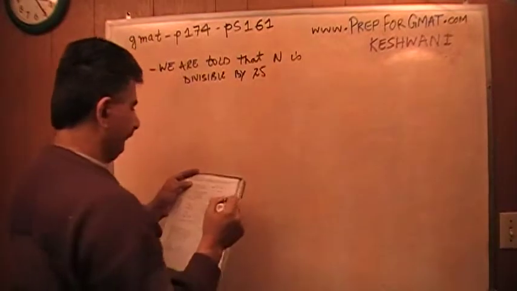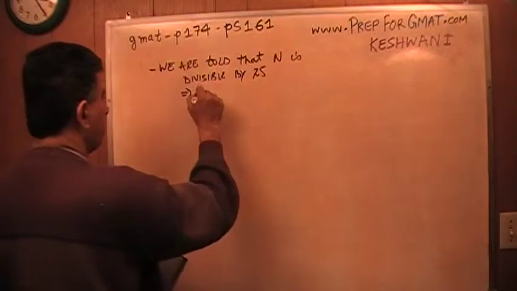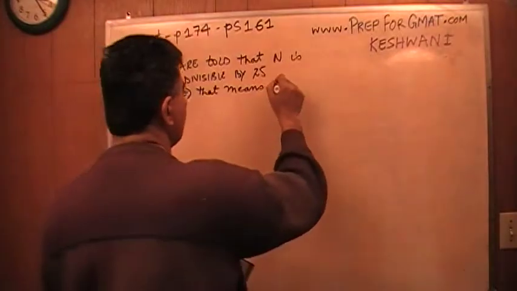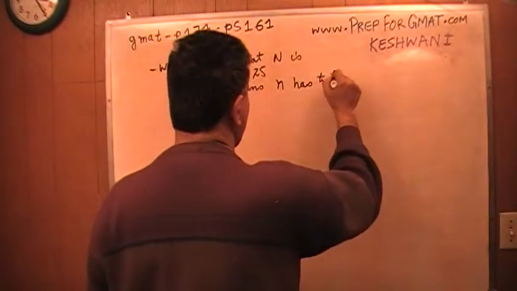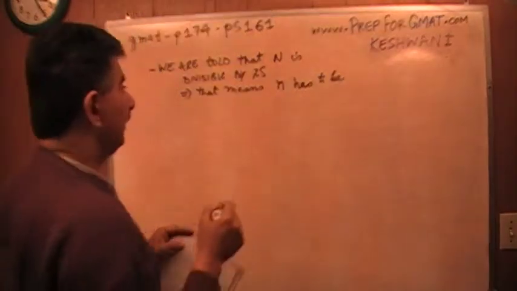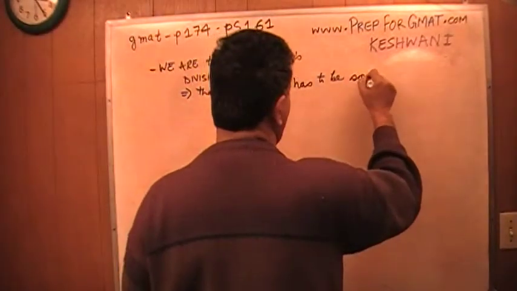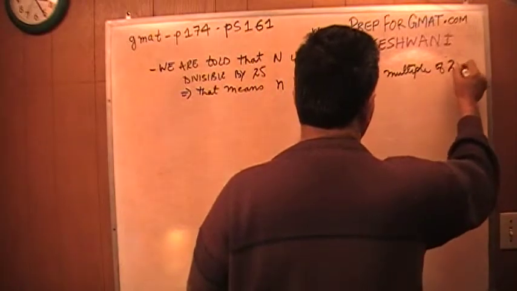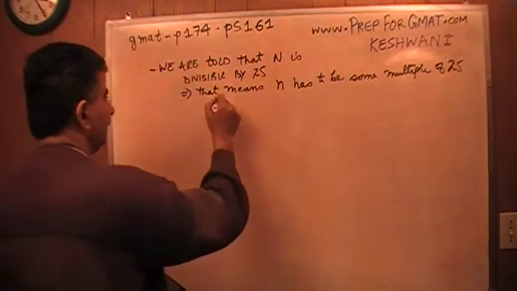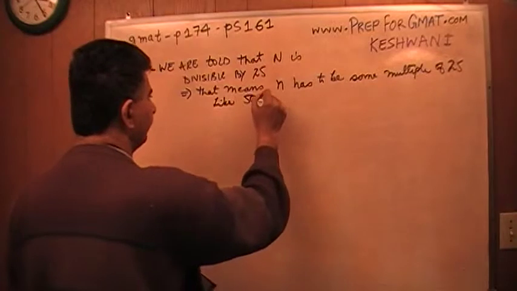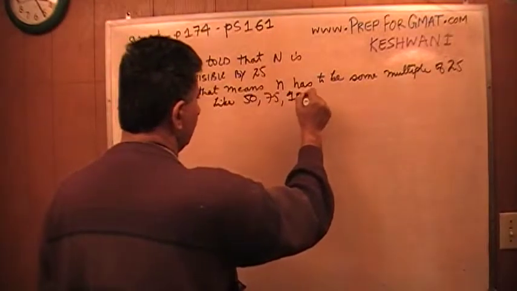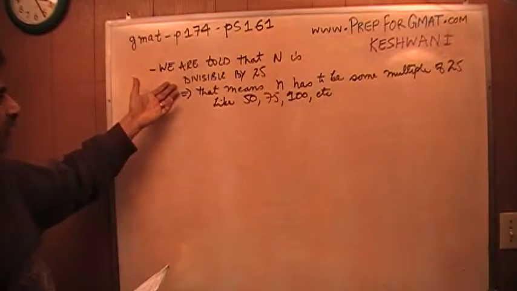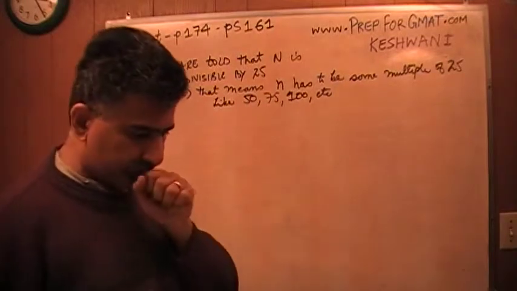That means that n has to be some multiple of 25, obviously, like 50, 75, 100, etc. Whatever it is, it's some multiple of 25. That's what this tells us. When we are told that it's divisible by 25, that means it has to be some multiple of 25.